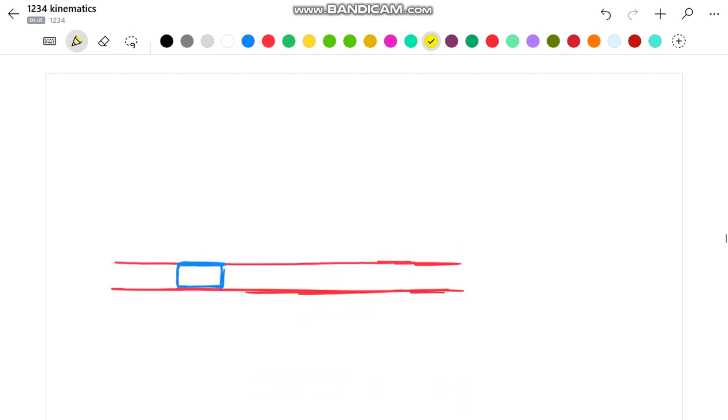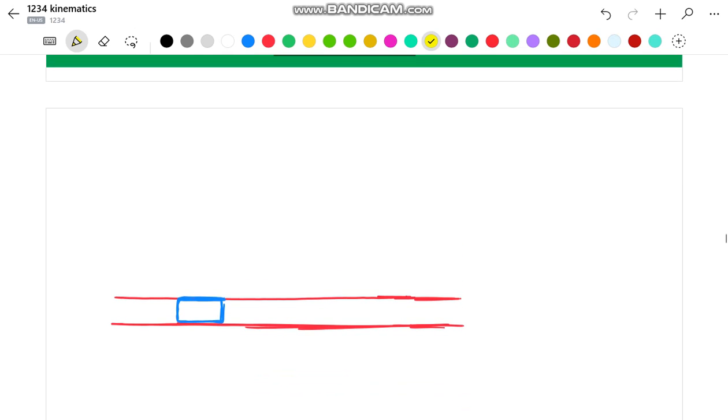So according to the problem, the person is moving with a speed of 2 meter per second and his enemy is present somewhere over this point at an angle of 45 degree with the road. So this angle which is mentioned in the problem is 45 degree.